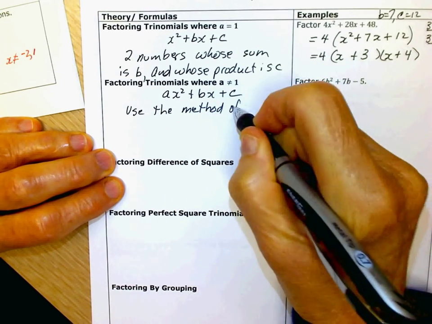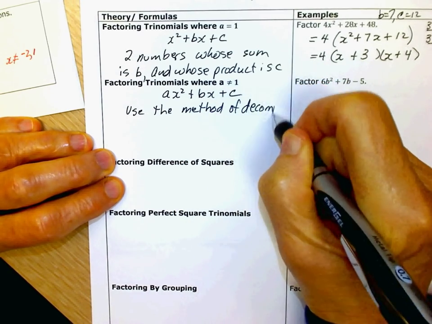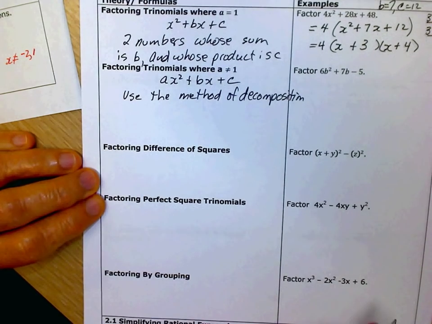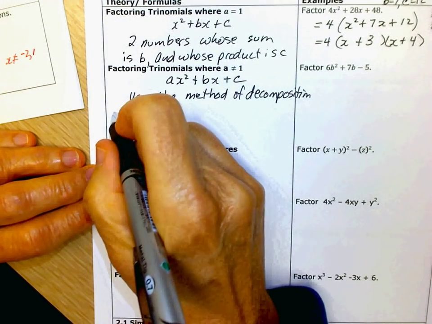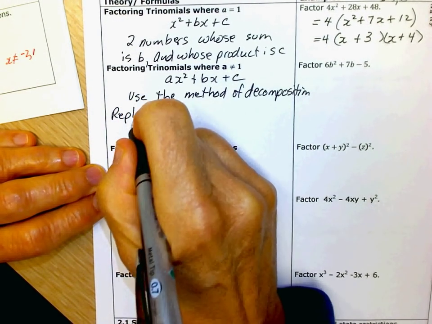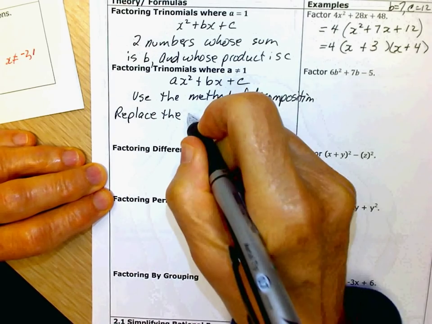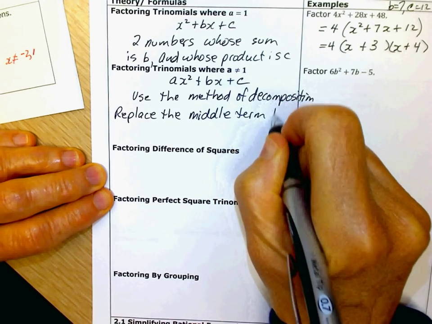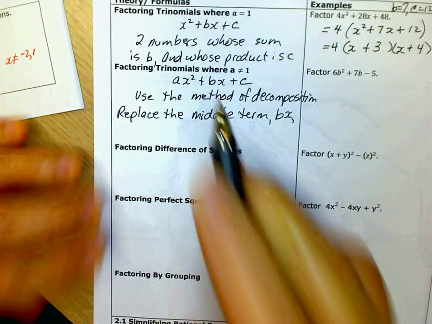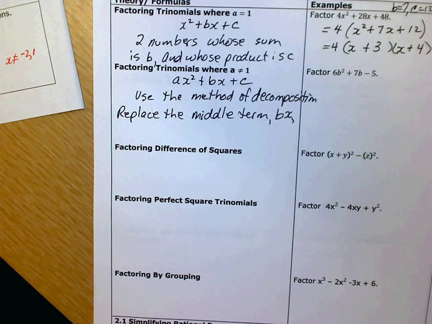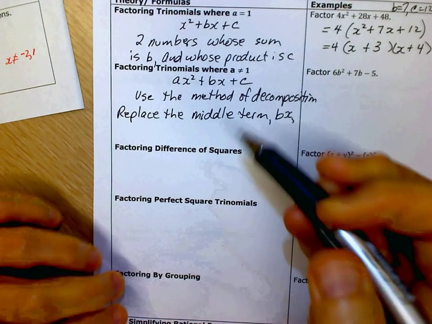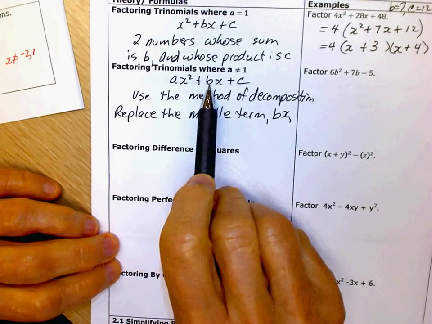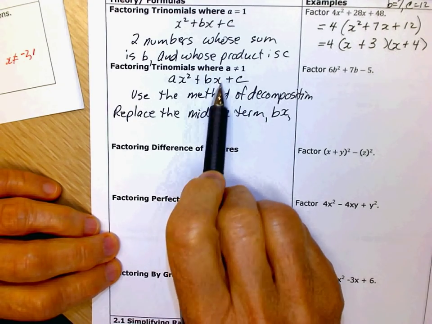Basically, what we do is we replace the middle term, bx. When we refer to the middle term, we're referring to the linear term of our trinomial, when the trinomial is written in this order.